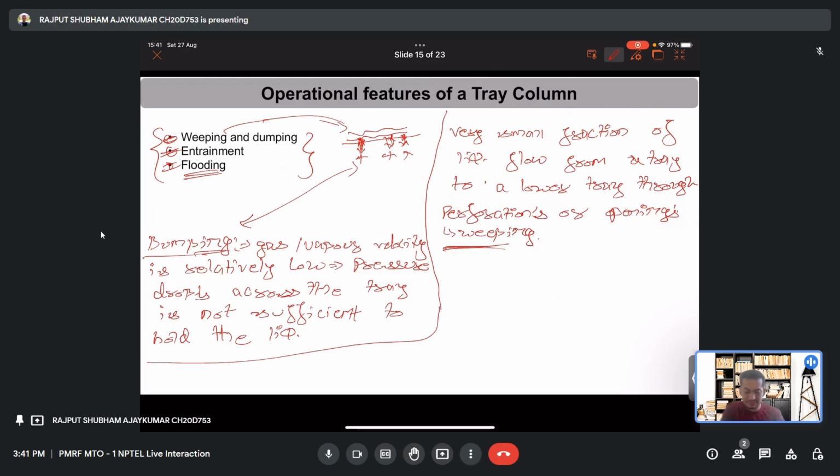If the accumulation of liquid on a tray continues and builds up and the gas pressure is not sufficient, then all the trays will be flooded up the column. This is one of the reasons for flooding. Flooding is an abnormal condition of excess accumulation of liquid, or simultaneous excessive pressure drop across the flooded tray.